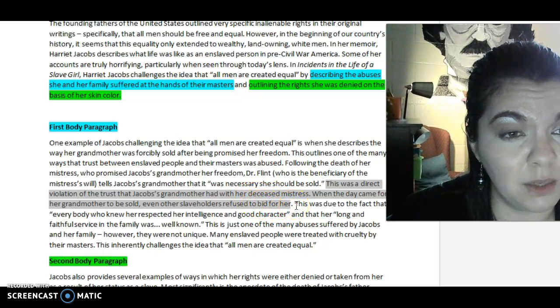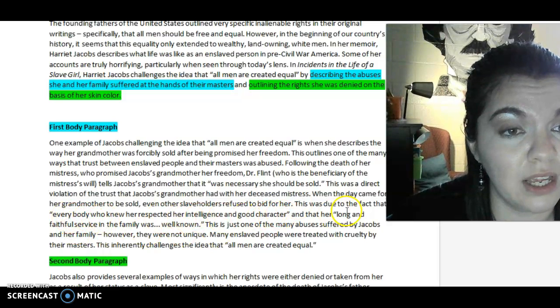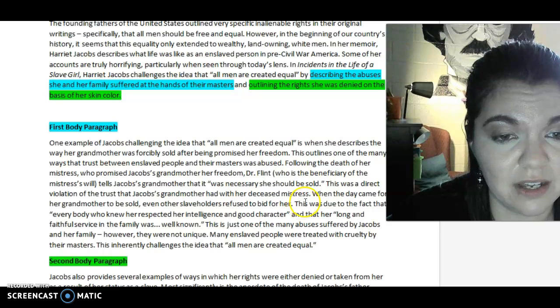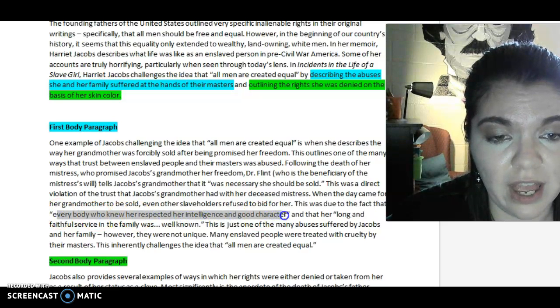This essay is a little bit more complex because it gives several portions of a quote within this piece of evidence. It goes on to say, this was due to the fact that everybody who knew her respected her intelligence and good character, and that her long and faithful service in the family was well known.